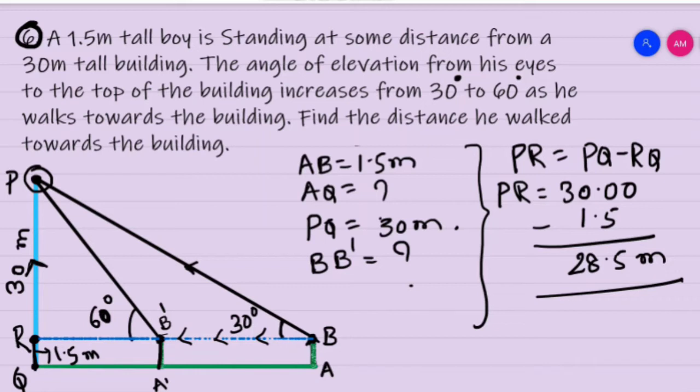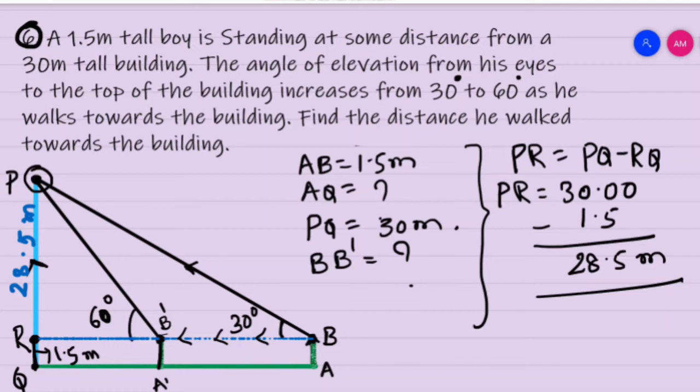So here let me mark that this is 28.5, and RQ is your 1.5 meter, that I have already told you. Okay.